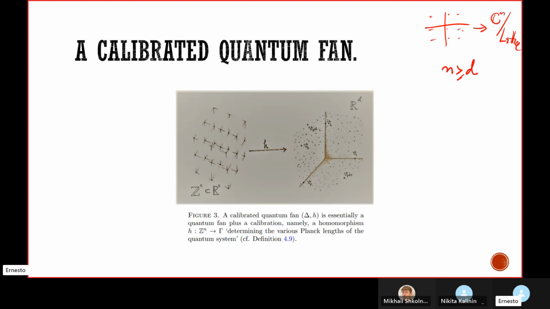But this quantum lattice was what you need to produce a quantum torus.